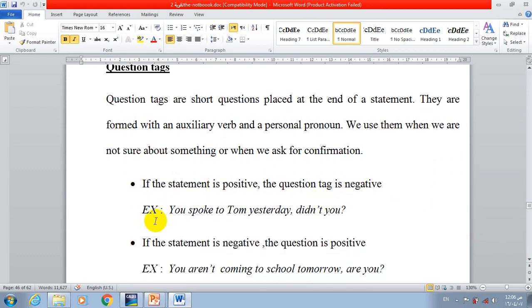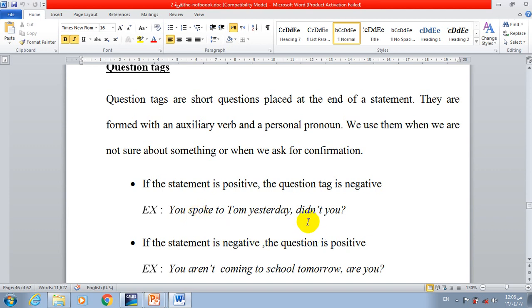Like you see in the example, you spoke to Tom yesterday. This sentence is in a positive case and there isn't any helping verb here, but the main verb is in the past simple.